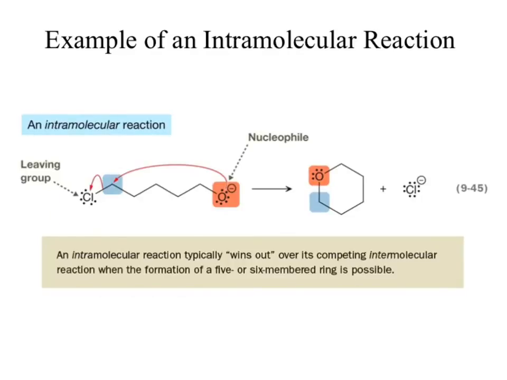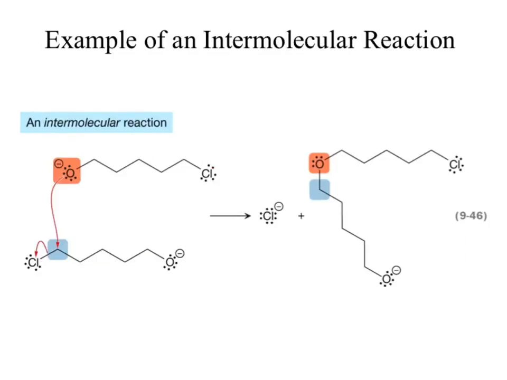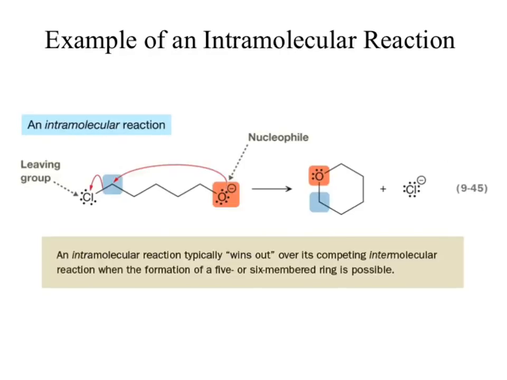Why would we see one reaction versus the other? It depends on the stability of the products. If we do an intramolecular reaction, we generate a neutral product. If we do inter, it's charged. Okay? So the stability of those individual products is why we end up seeing those come out. If we end up with a 7 or 8 membered ring, we start losing the ability to do an intramolecular reaction.